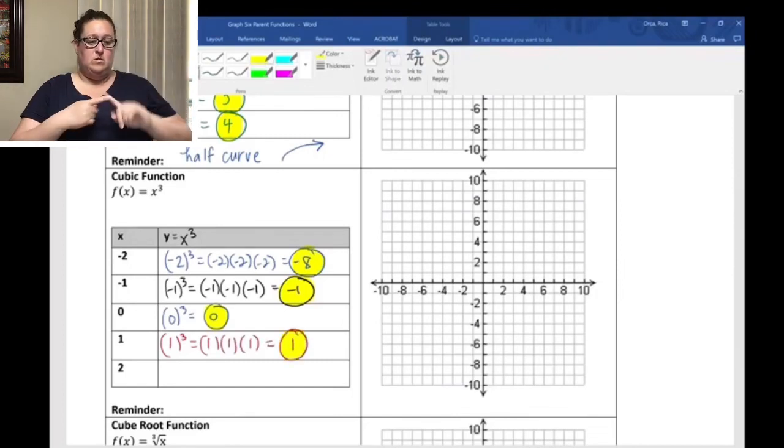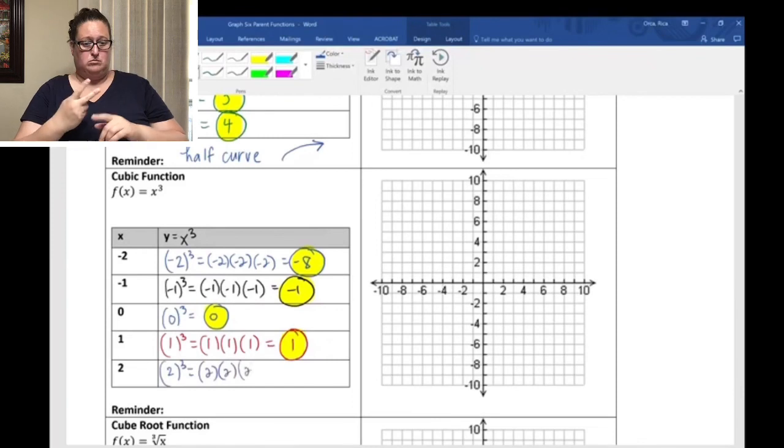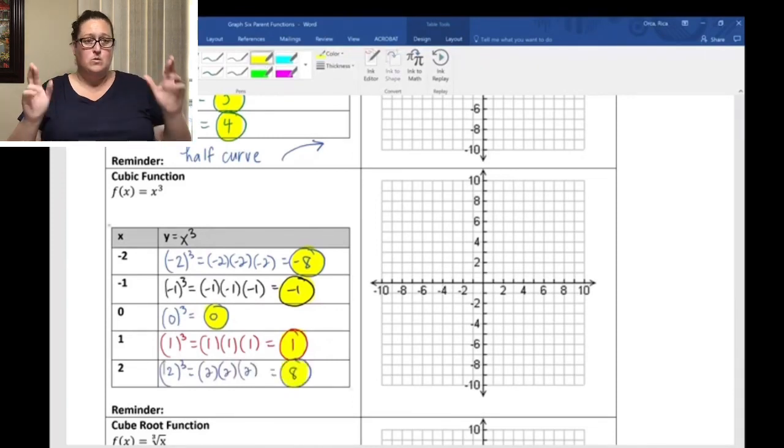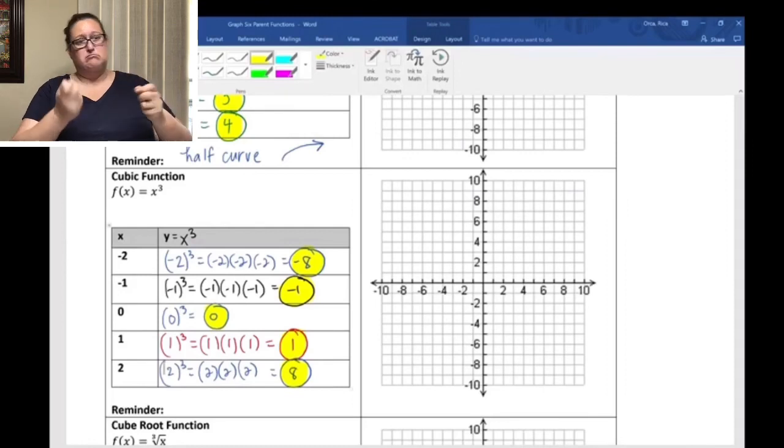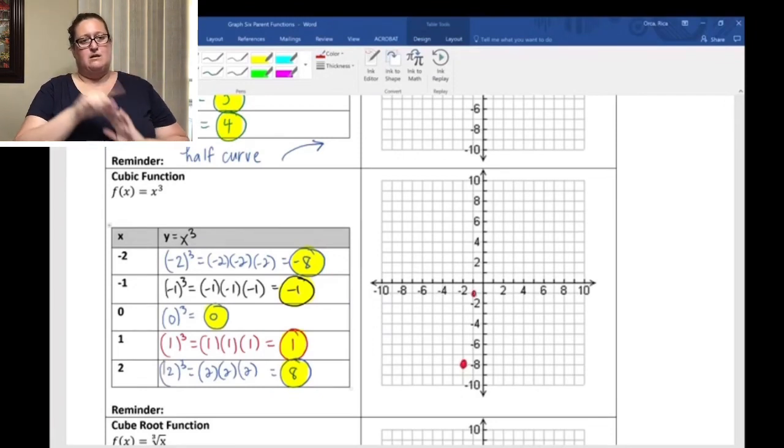When x equals 2, we'll get 2 to the third, which is 2 times 2 times 2, which gives us 8. Now we're ready to take our points and plot them. We have a point at (-2, -8), a point at (-1, -1), (0, 0), (1, 1), (2, 8).